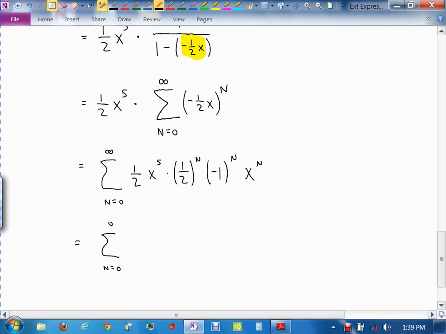How about the 1/2s? Isn't that first one 1/2 to the first power? So what's 1/2 to the first power times 1/2 to the n power? N plus 1. So I get 1/2 to the n plus 1. I still have that negative 1 to the n. And then I have the x to the n plus 5. Is that what we said?